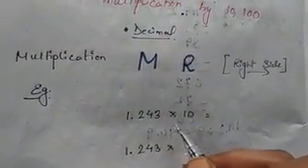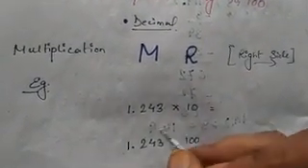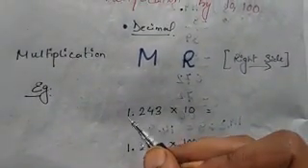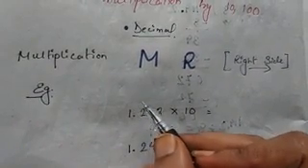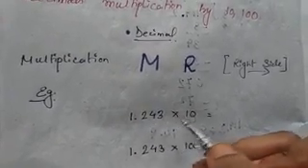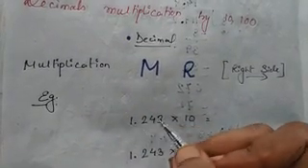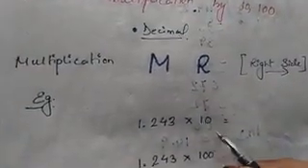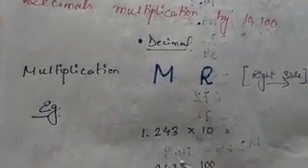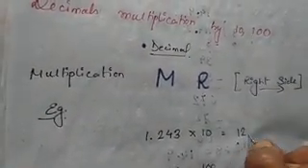1.243 into 10. How will you get the product? You have to move to the right side. The decimal is here and you have to move it one place, as 10 is there. Move the decimal point one place to the right, because there is 1 zero. So the number will be 12.43.